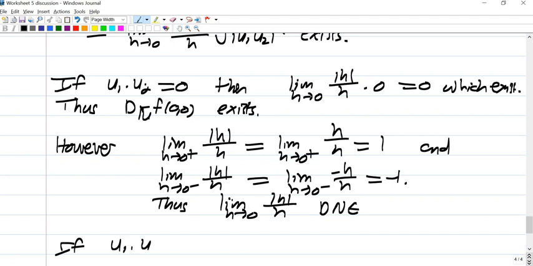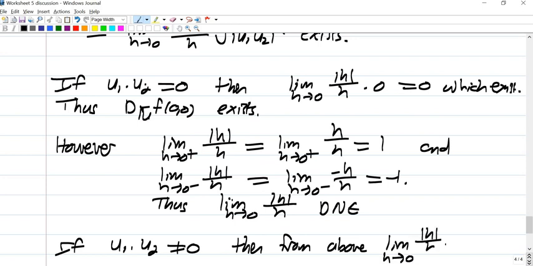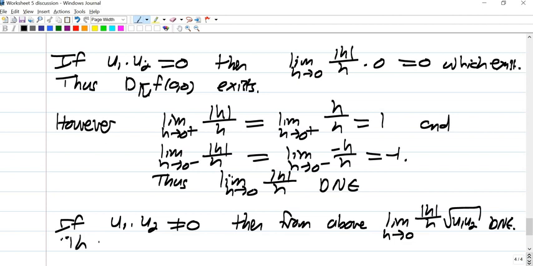if u1 times u2 is non-zero, then from above, the limit as h goes to naught of the absolute value of h over h times the square root of u1 times u2 does not exist. This means, and this is very important, that the directional derivative of f at (0, 0) in the direction of u does not exist.